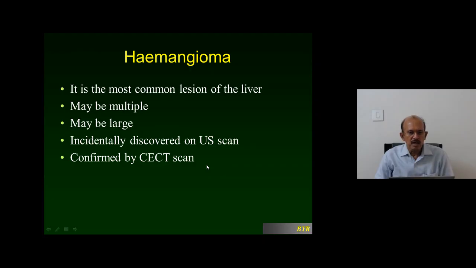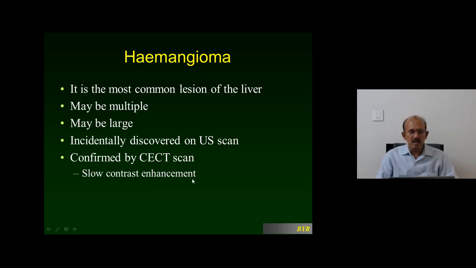When you give contrast intravenously and take a CT scan, what will happen? Hemangioma has a lot of vascular spaces, so all this contrast will pool there. That's why it gives a lot of enhancement. This enhancement doesn't occur immediately. There will be slow contrast enhancement.